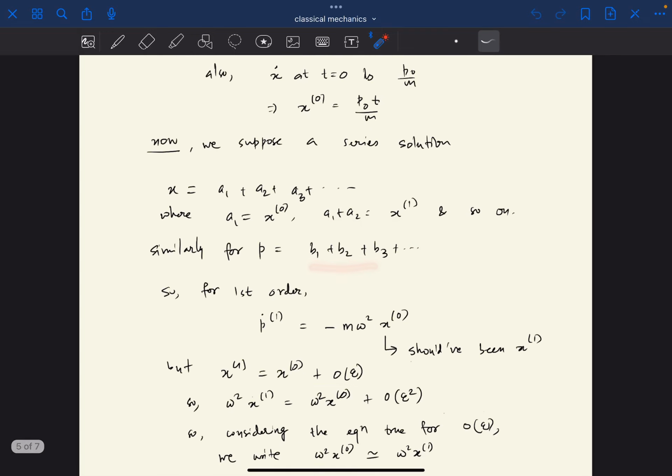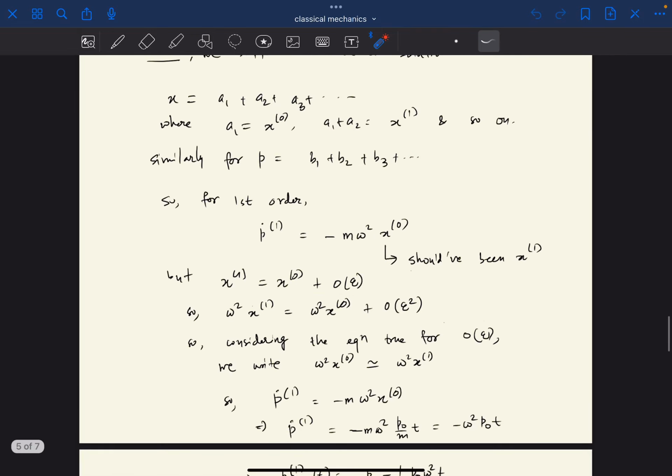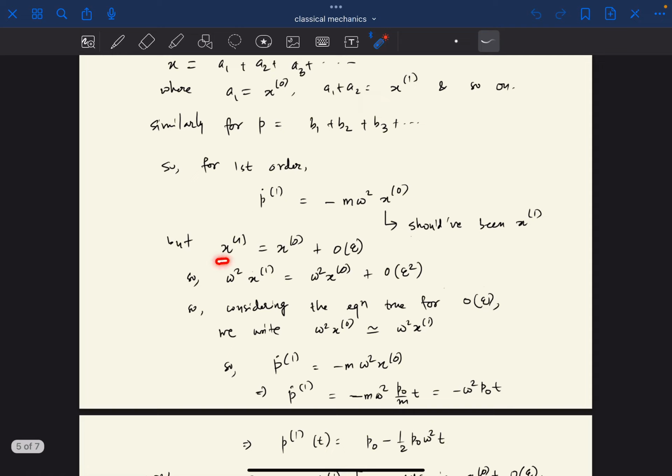Similarly for p. Now for first order, we consider p dot first order equals minus m omega square x zeroth order. So again, this should have been x1, but x1 equals x0 plus order epsilon, and when we multiply both sides by omega square, this becomes order of epsilon square.